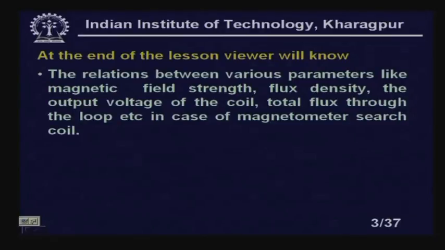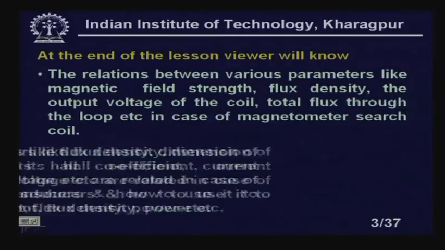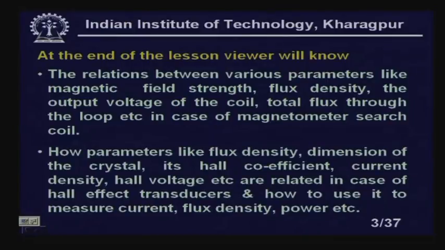And in the case of Hall effect transducers, we will know how parameters like flux density, dimension of the crystal, its Hall coefficient, current density, Hall voltage, etc. are related, and how to use it to measure the current, flux density, power, etc. We will also study in this particular lesson.